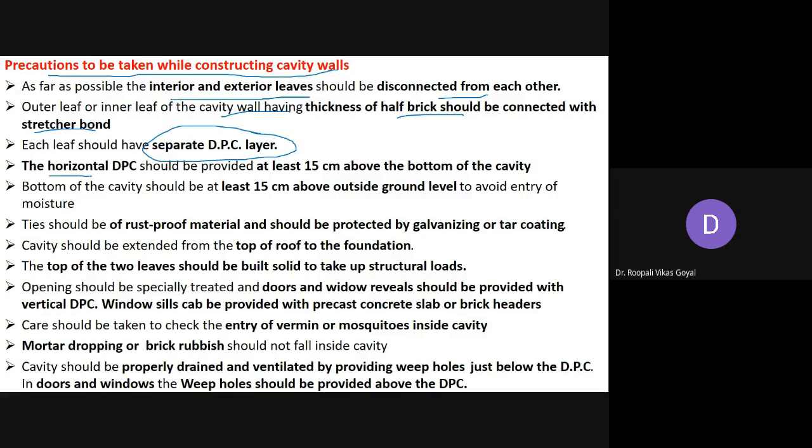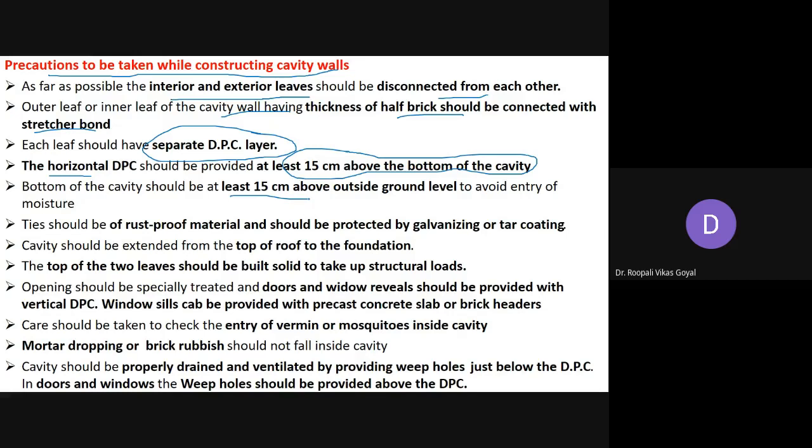And the horizontal DPC should be provided at least 15 centimeter above the bottom of the cavity. So the horizontal DPC is to be provided 15 centimeter above the bottom of the cavity, and the bottom of the cavity should be at least 15 centimeter above ground level.